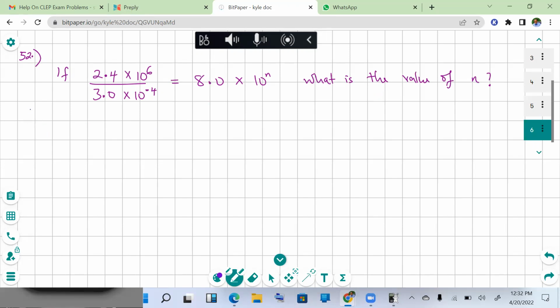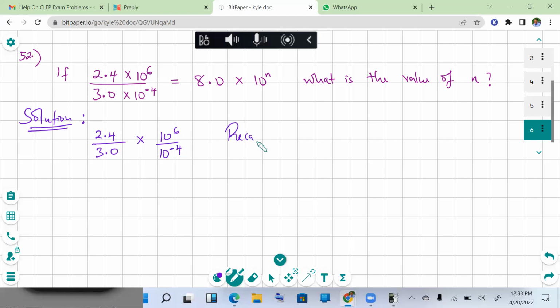First of all, I could separate this and write it as 2.4 divided by 3.0, times 10 to the power 6 divided by 10 to the power of negative 4.